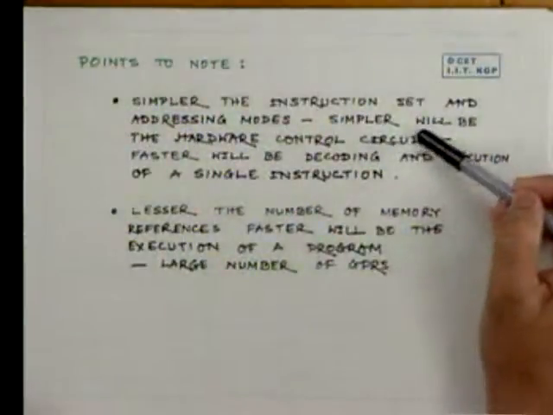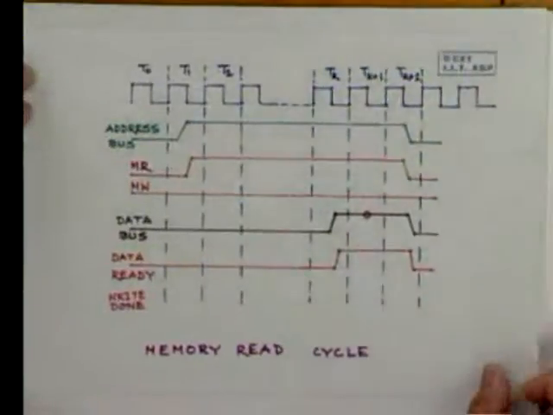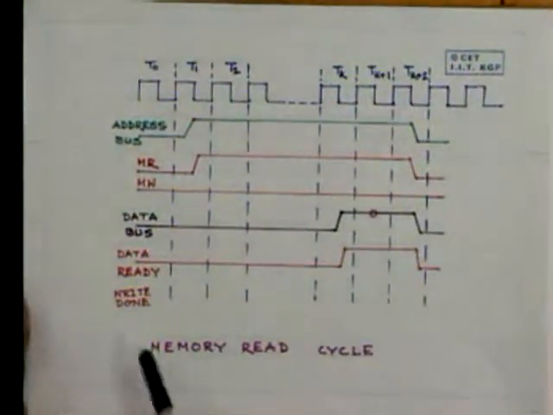Therefore, one objective can be to keep the instruction set as well as the addressing modes simple. Another is that, for example, to emphasize this point, say we have a memory read, that means an operand has to be fetched from the memory.